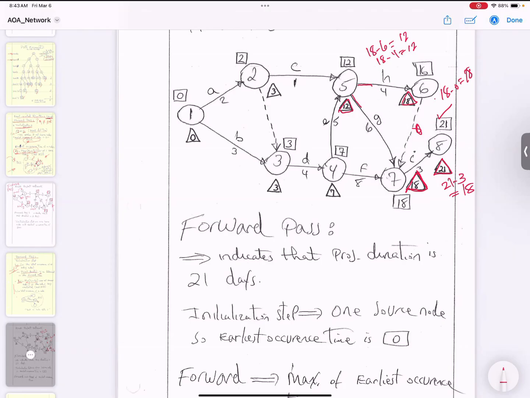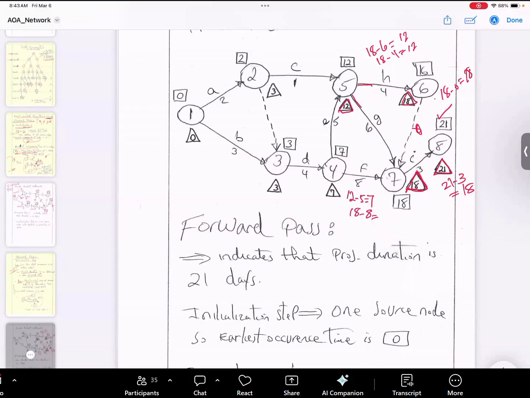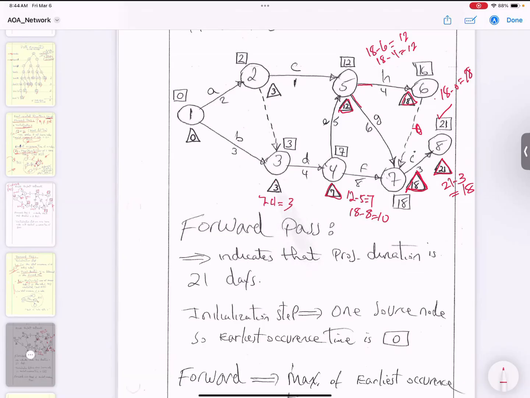Which node do you go to after node number 5? You go to node number 4. So for node number 4, you say 12 minus 5 is equal to 7, and 18 minus 8 is equal to 10. Which one do you pick? 7. So you put 7 over here. After node number 4, you go to node number 3. For node number 3, you say 7 minus 4 is equal to 3. So you put 3 over here.